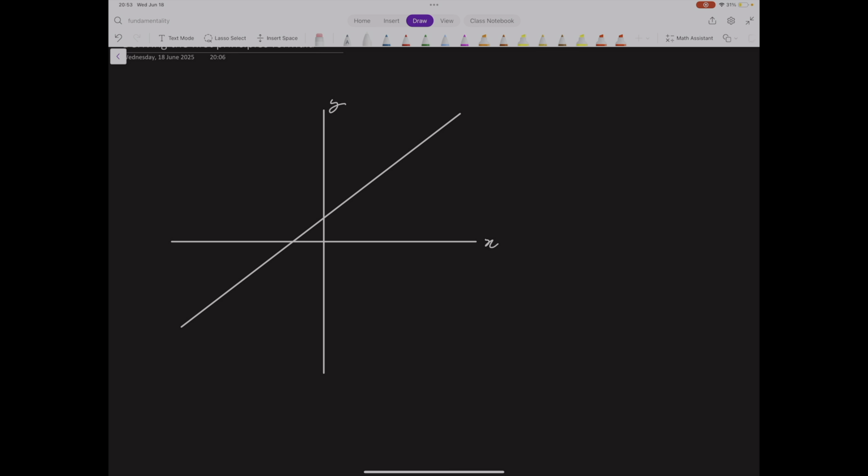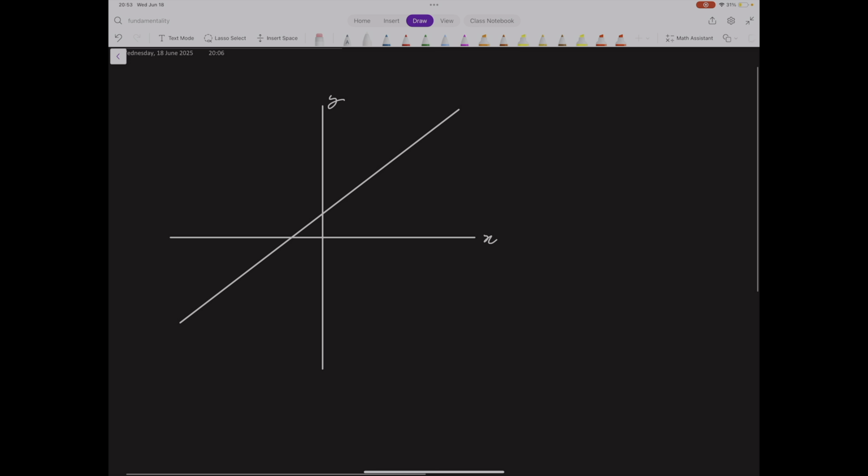But you can mathematically describe this number. When you see y equals mx plus c, then m is your gradient. It describes how y changes with x.